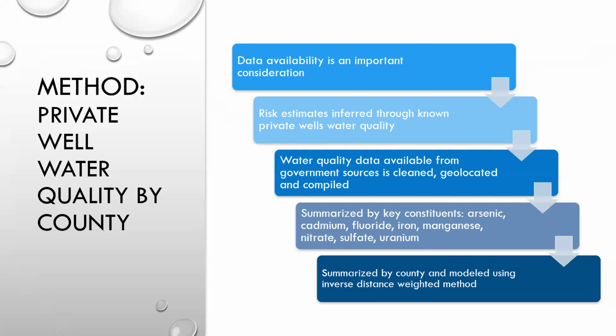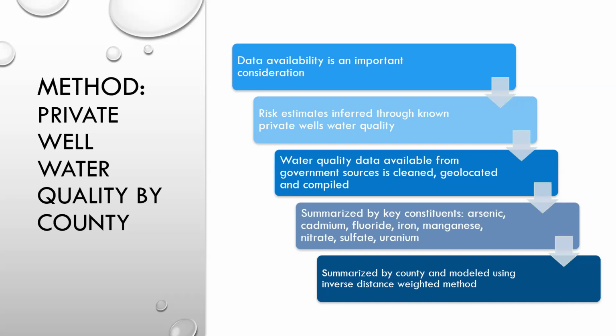The method approach really was driven by data availability. Of course, there are lots of different ways to think about risk for this population, but really the best data we had is water quality. So risk estimates are being inferred through what we know about the water quality.